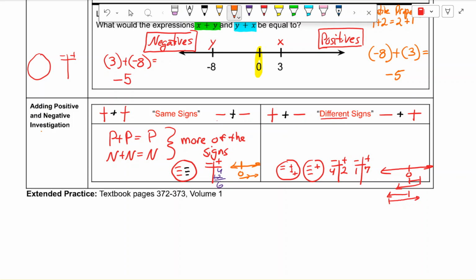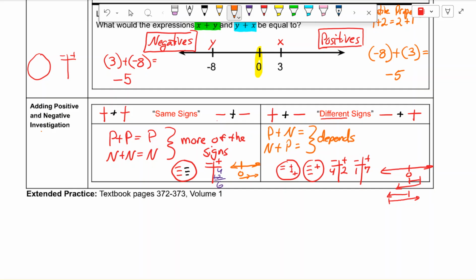So what are we going to write? We're going to write positives plus negatives equals, well, it depends. And we're also going to write negatives plus positives, and that, it depends. What does it depend on?